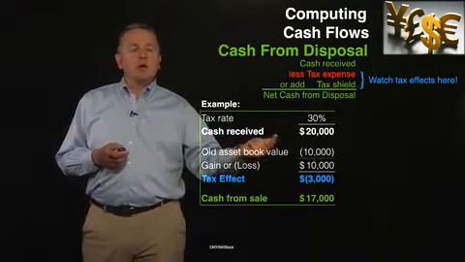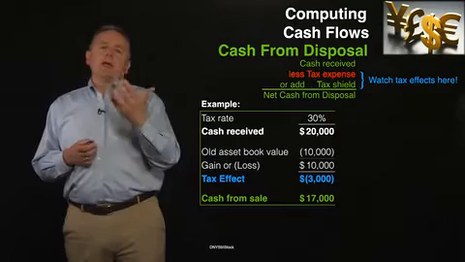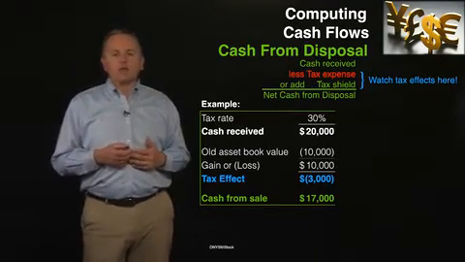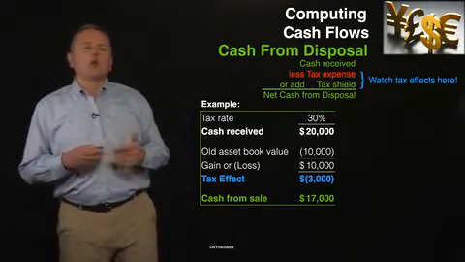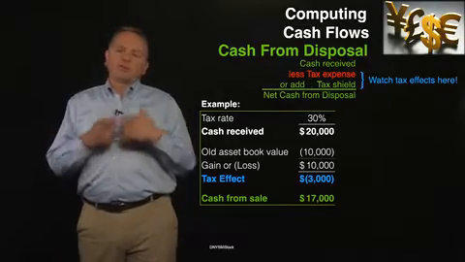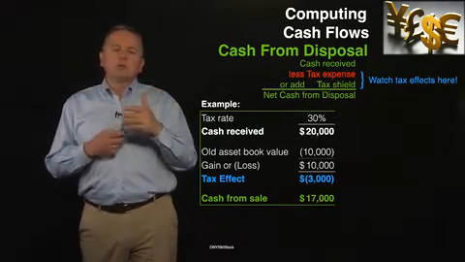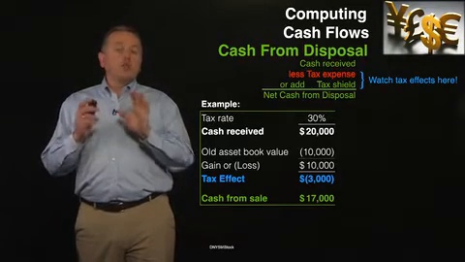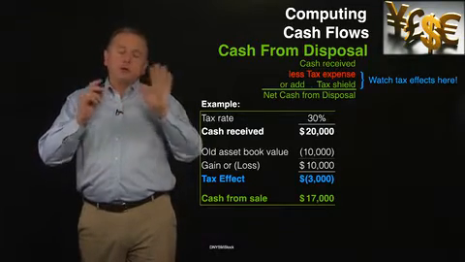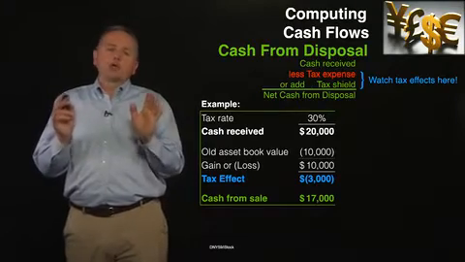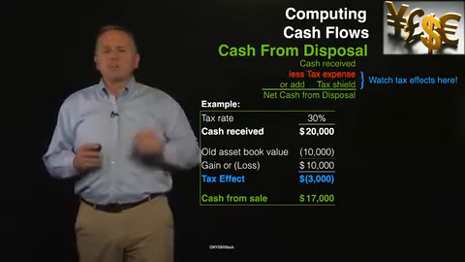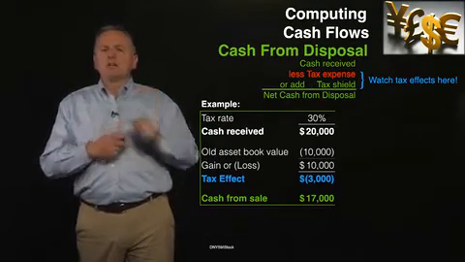Now, you might say, wait a minute, Monty. You didn't pay $100,000 for that asset originally. That was netted against an older asset that you replaced it with. And so it's not $100,000 that's your depreciation, but some number less than that. Well, that's only in the case of if you're in the U.S., a 1031 section like-kind exchange. We're not going to play around with that kind of detailed tax rules.